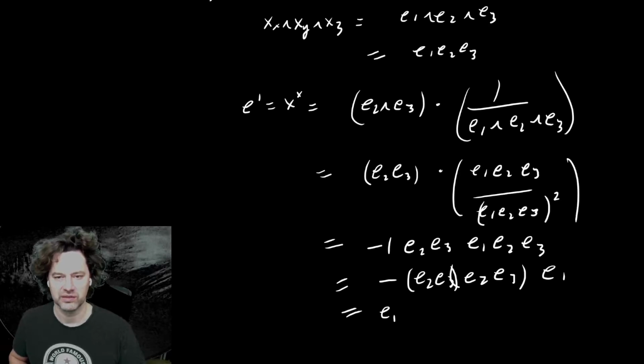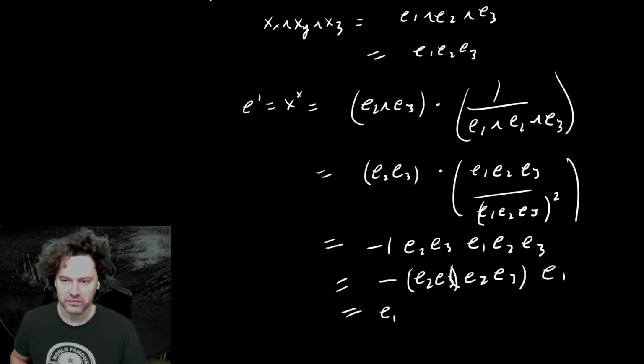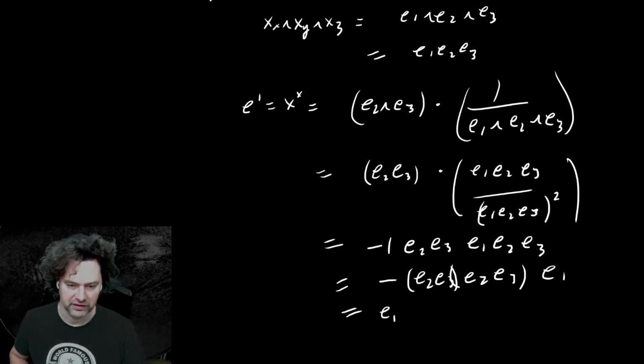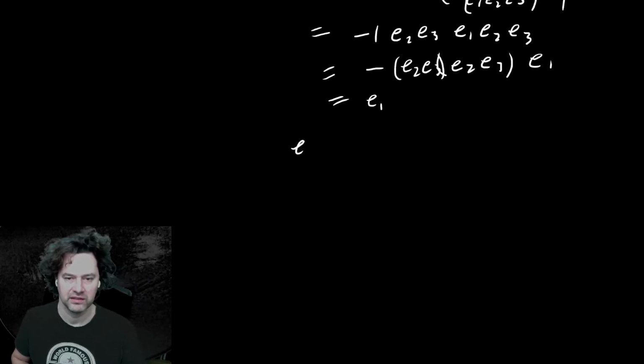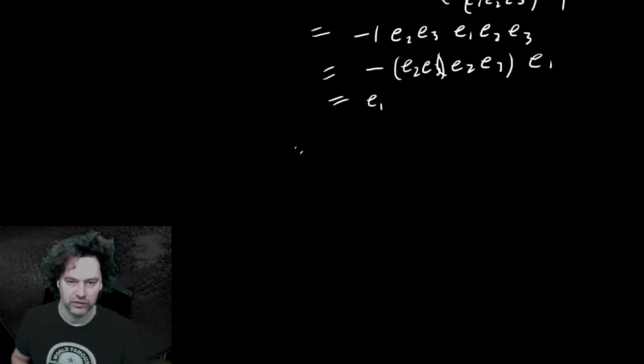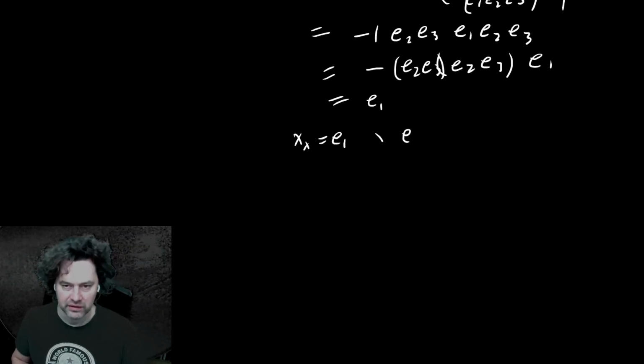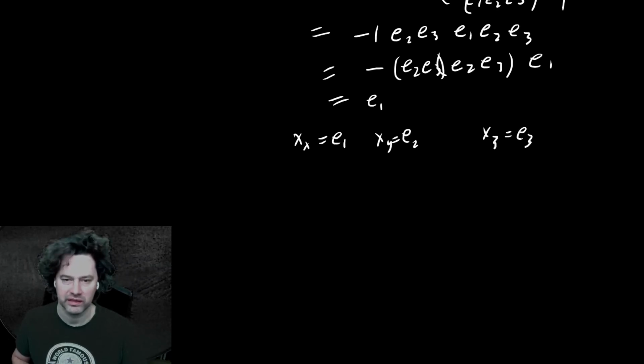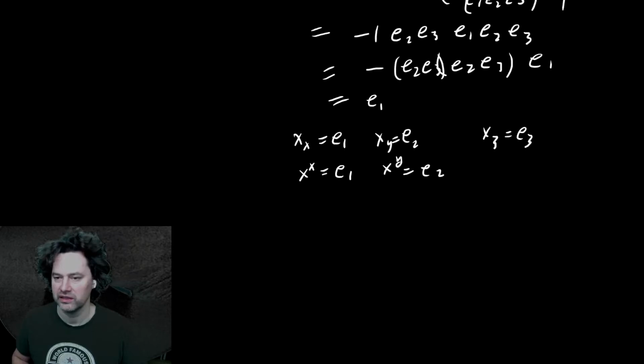You can go off and show the same thing for e2 and e3. In the end, what we find is that x_x equals e1, x_y equals e2, and x_z equals e3, and we find that x^x equals e1, x^y equals e2, and x^z equals e3.